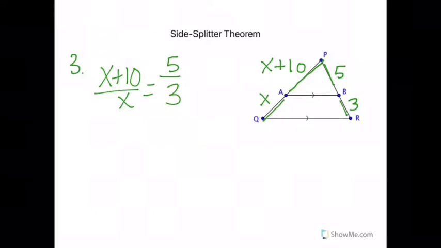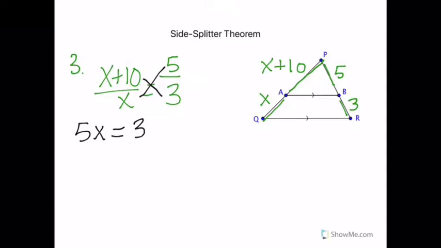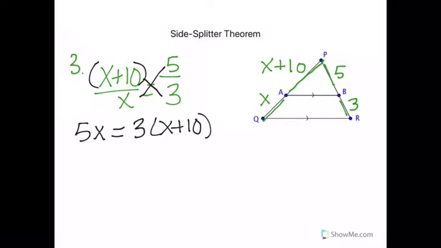Now cross multiply is going to be a little tricky. 5 times x, that's easy, it's just 5x, equals, here you must be careful, it is 3 times this quantity, x plus 10. So I'm just going to write it like that to start. This x plus 10 is grouped together with my parentheses because that whole numerator is x plus 10.